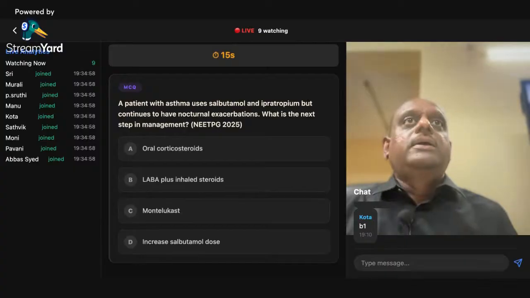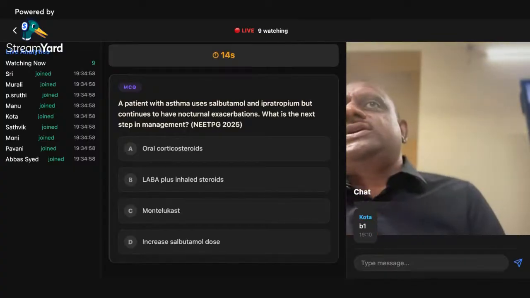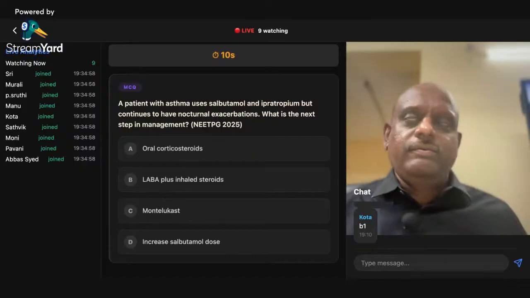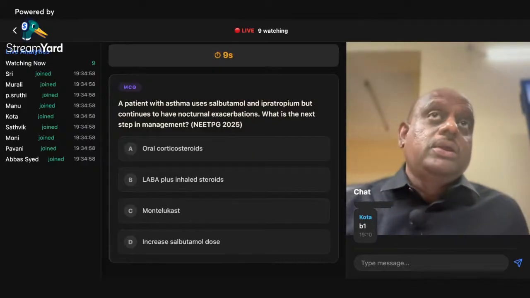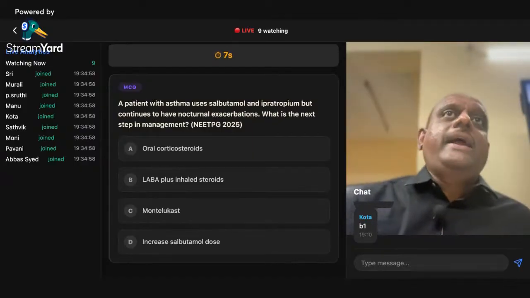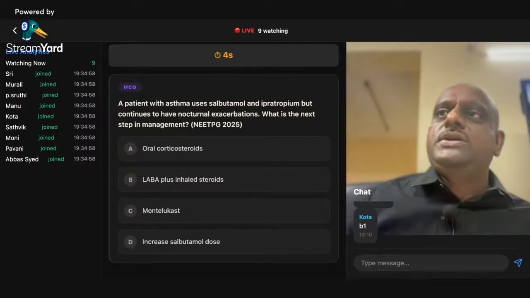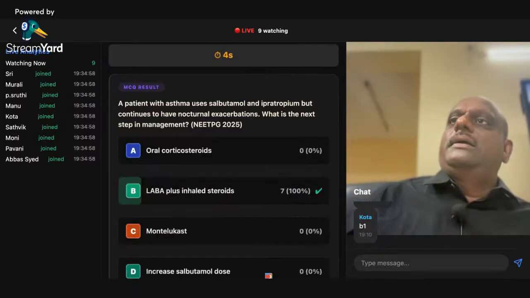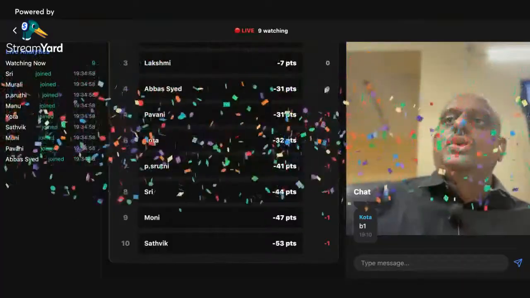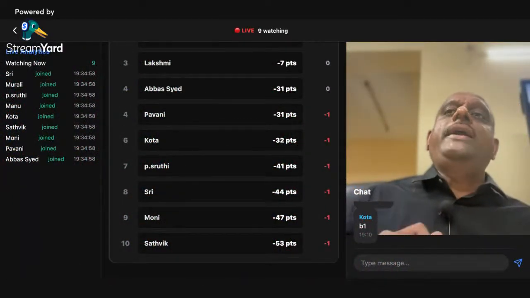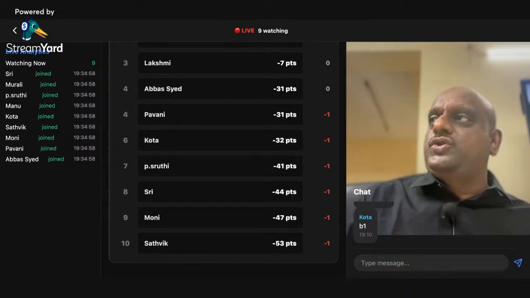So a short-acting beta-2 agonist like salbutamol, right, will not help. So you need to use a long-acting one like salmeterol, right? So what is your answer? Yes. So you should know LABA plus inhaled steroid is considered to be the management of choice.